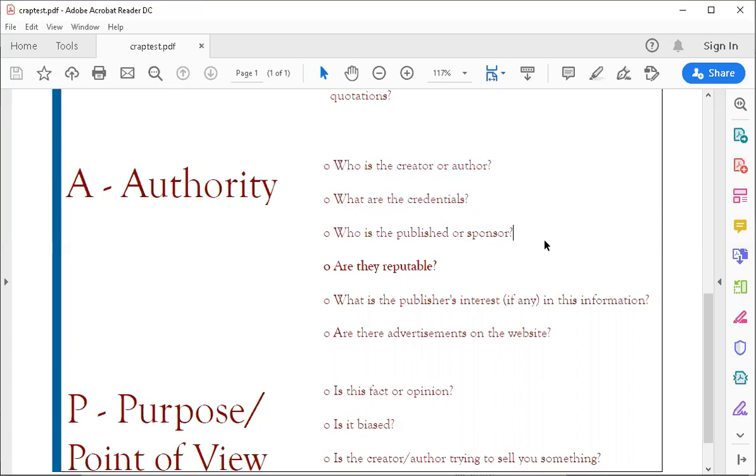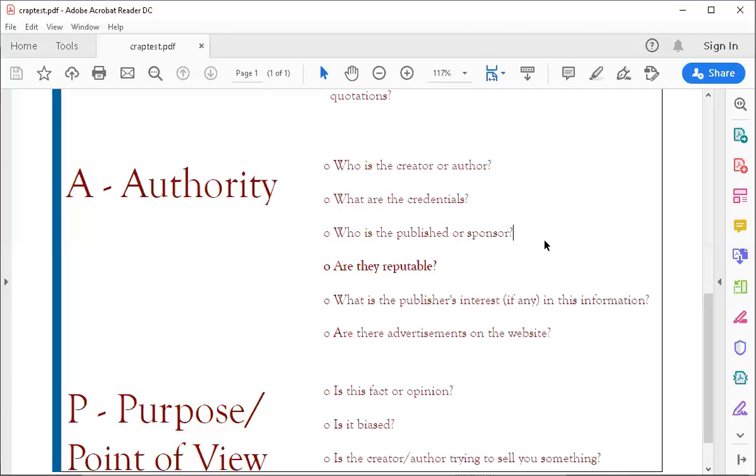We want to know if their expertise is in the field of study that we are researching. So we can look and see what they've previously written. We can look at their credentials to see what they studied themselves. And we can look at the publisher or sponsor to see what the publisher is focusing on.